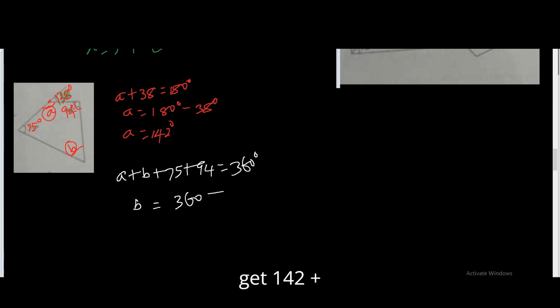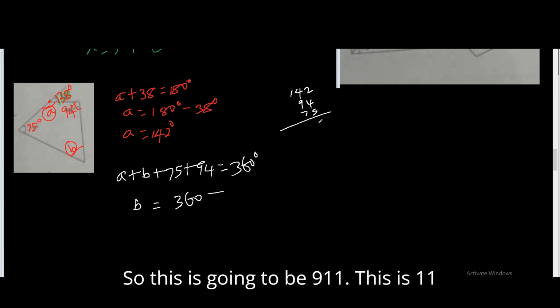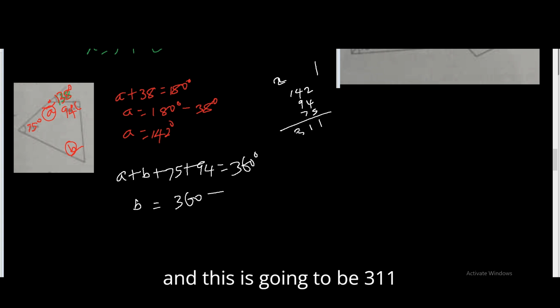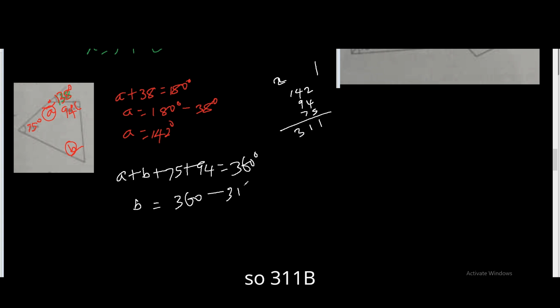So we get 142 plus 94 plus 75, which is going to be 311. So B equals 360 minus 311, which is 49.